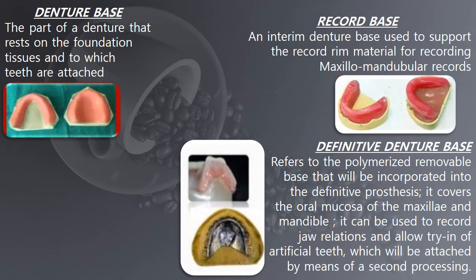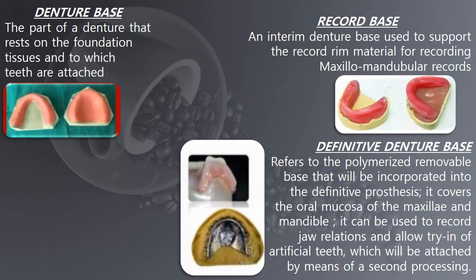The denture bases could be a permanent or definitive denture base or a temporary denture base. The temporary denture bases are made with autopolymerizing resins, whereas the permanent or definitive denture bases are made with heat cure polymerized resins or the cast base, that is chromium cobalt cast base.